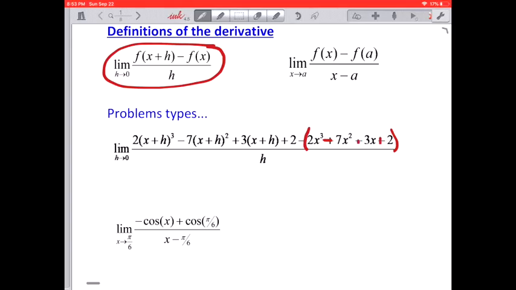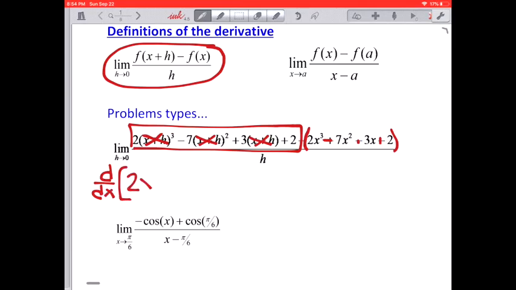So I think it's easier to look at the original with all the x plus h's, replace those with x's, and you see that your original function that you are attempting to take the derivative of is 2x cubed minus 7x squared plus 3x plus 2.